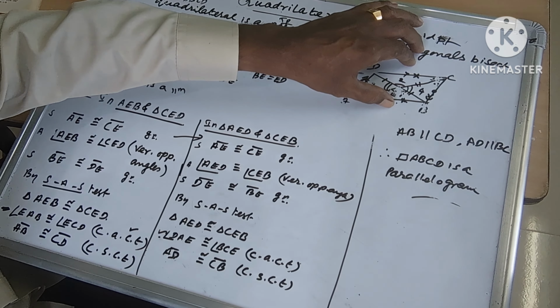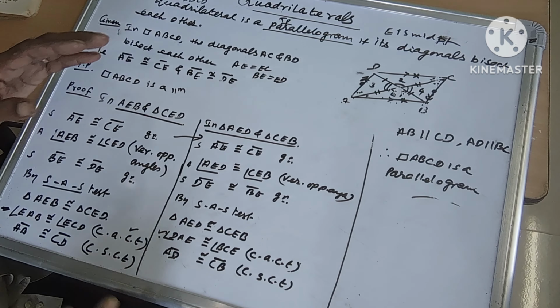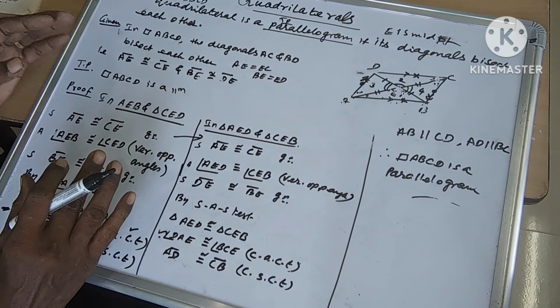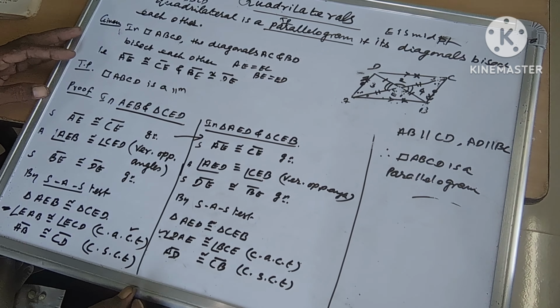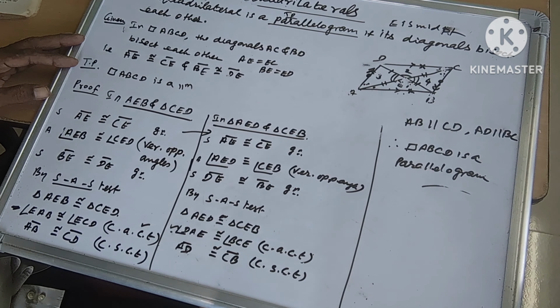At the same time, these two are congruent. A pair of opposite sides is parallel and congruent. So this quadrilateral is a parallelogram. Thank you for watching this video.